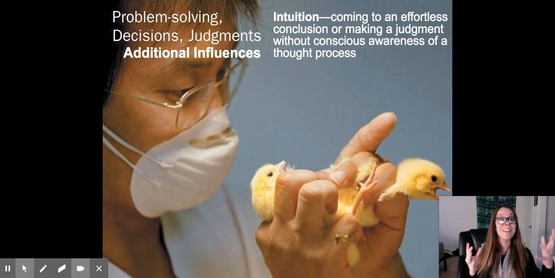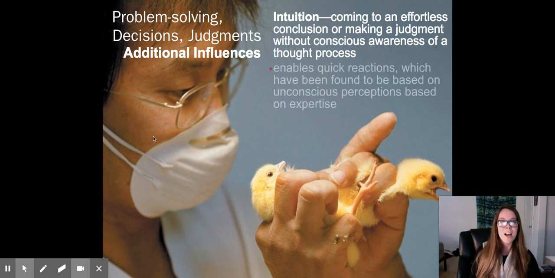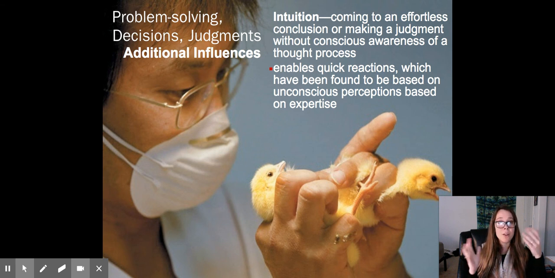But our intuition, it's there, but it has a lot of flaws, right? Because our gut feeling's not always right. It enables us to have quick reactions, which have been found to be based on unconscious perceptions, based on expertise.